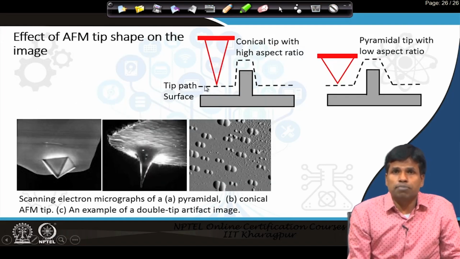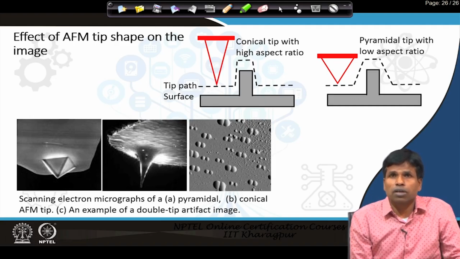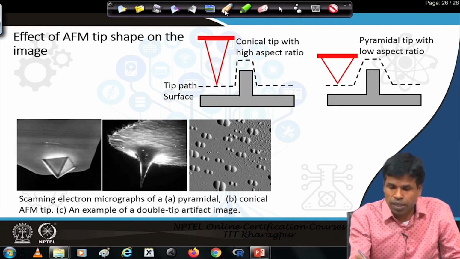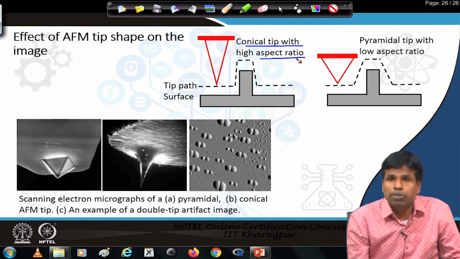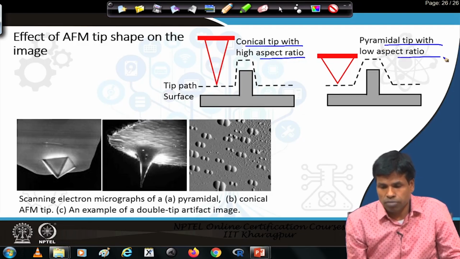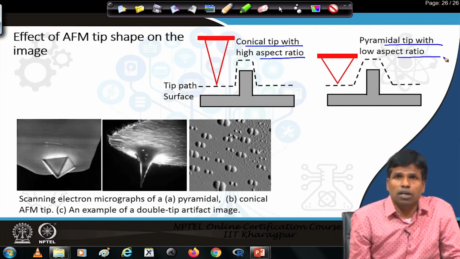The tip shape can also have significant effects on the measurements. As you see in these cases, there are two types of tips. One is a conical tip with a high aspect ratio, and a pyramidal tip with a low aspect ratio. They have an important role in the performance of the atomic force microscope.